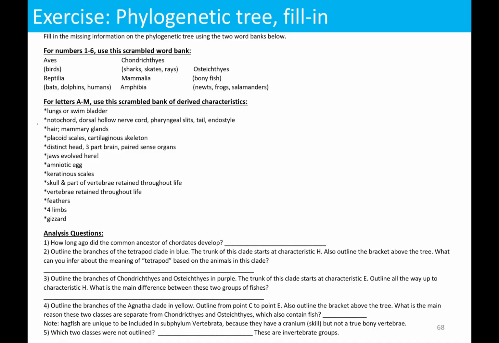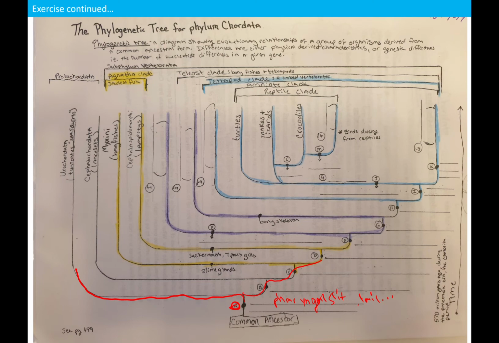So this is going to be A. As you work through your phylogenetic tree, you'll fill in the characteristics, A through M, and put them on these lines here.